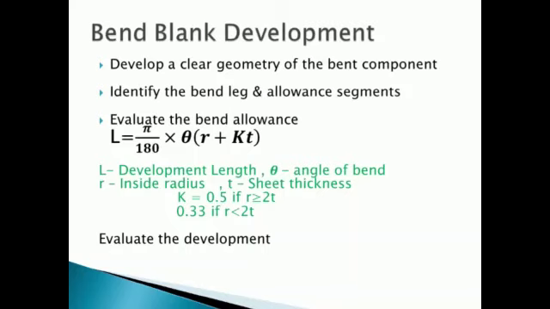K is taken as 0.5 if r is equal to or greater than 2t, and K is taken as 0.33 if r is lesser than 2t. So developed length is equal to bend legs plus bend allowance.